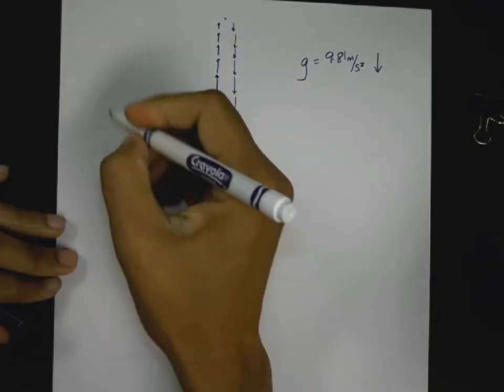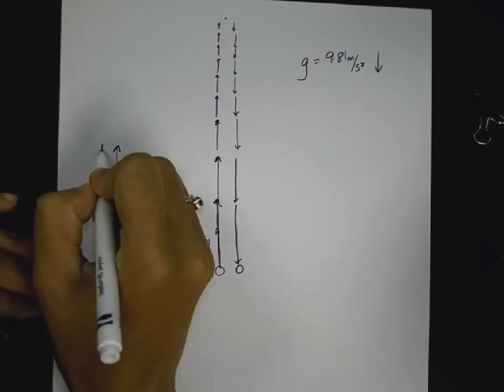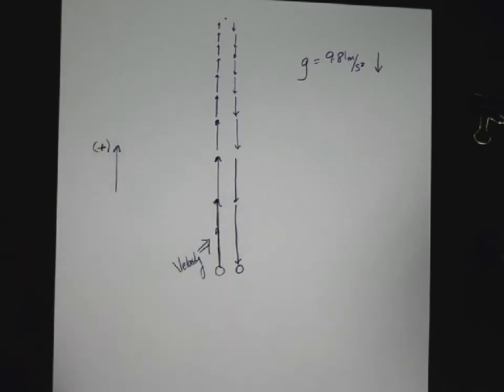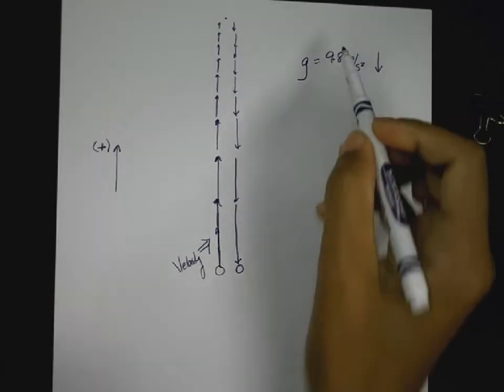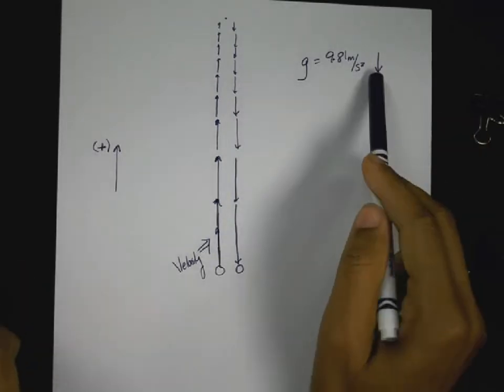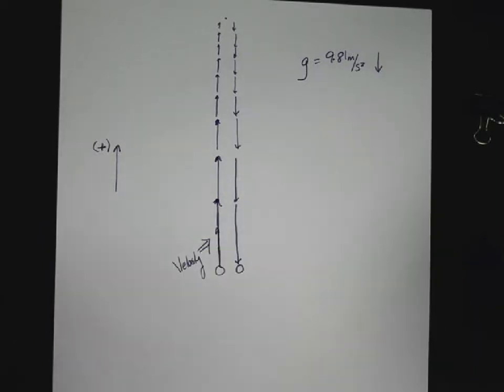I'm going to declare that my upward motion is positive. Having declared that, that means the downward motion is negative. So whenever I work any problems, g goes in as a negative value because it always points down, and I declared that up was positive. So you have to pay attention to the direction.